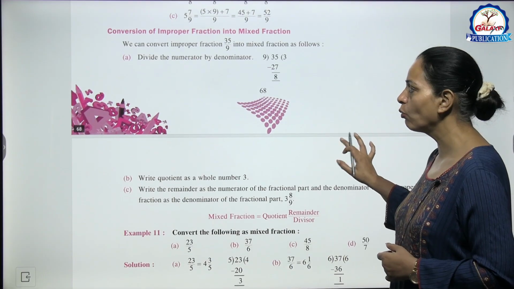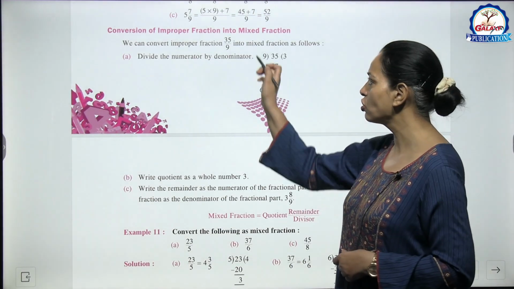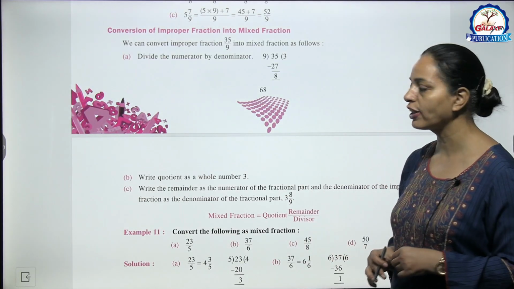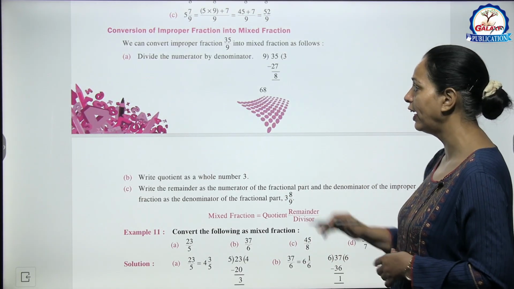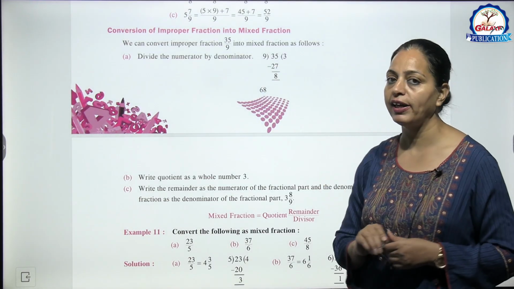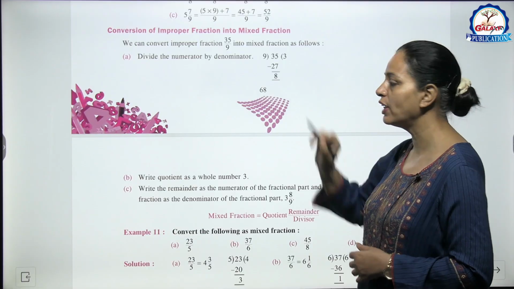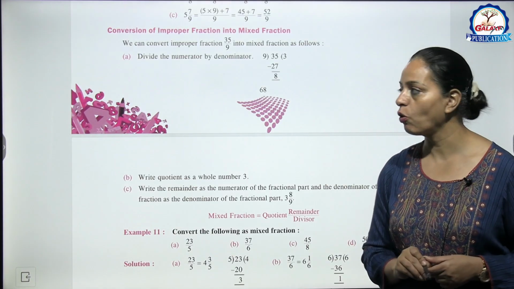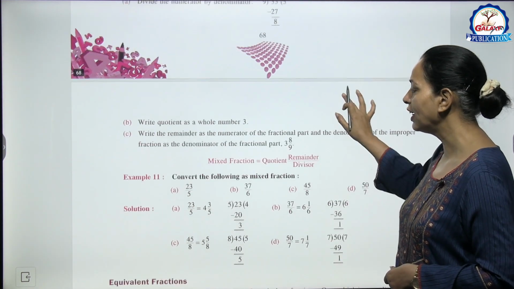Now the next, conversion of improper fractions into mixed fraction. We can convert an improper fraction like 35 upon 9. How will we change it into mixed? Divide 35 by 9. We know 9 3s are 27, so 3 as quotient and 8 as remainder. So how will we write this?